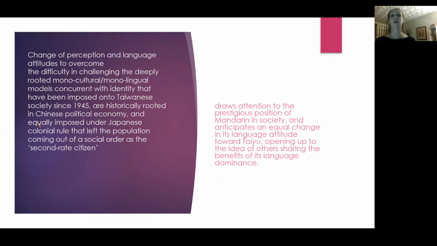But if we are going to argue for change of perception and open up to this idea, language and variants, it also requires that the Mandarin speakers open up to the idea of others sharing the benefits of their language dominance.